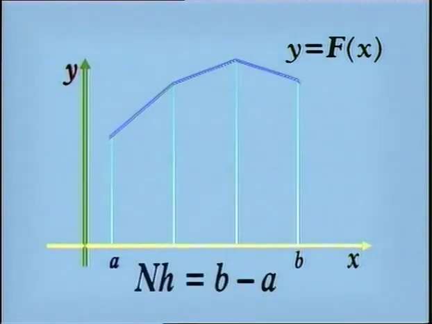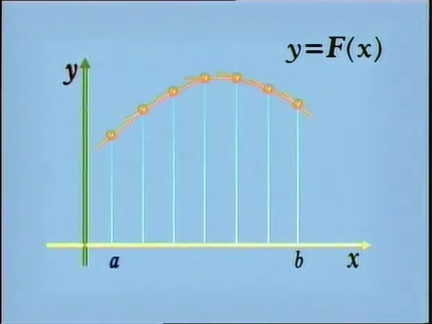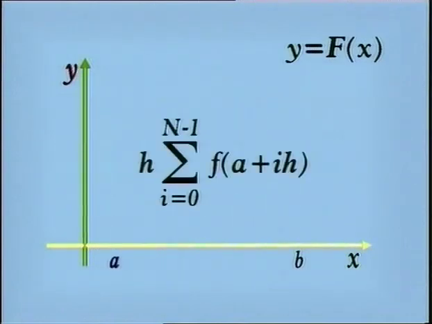The number n of steps that we need is therefore governed by the condition that nh equals b minus a, since the two sides of this equation both have to describe the distance from a to b. Suppose, then, that we halve the step size h, and correspondingly have to double the number of steps. That would make this sum a better approximation to the definite integral of little f from a to b.